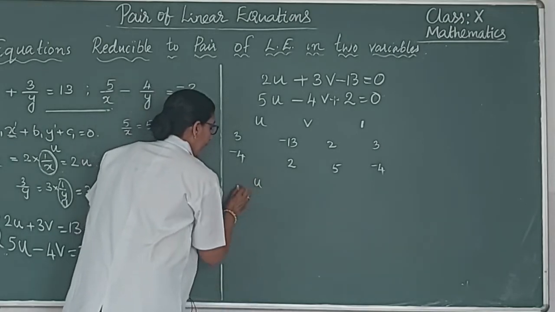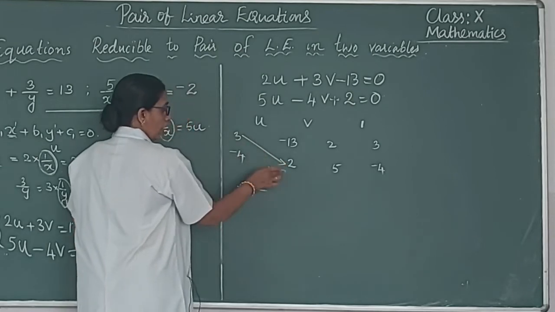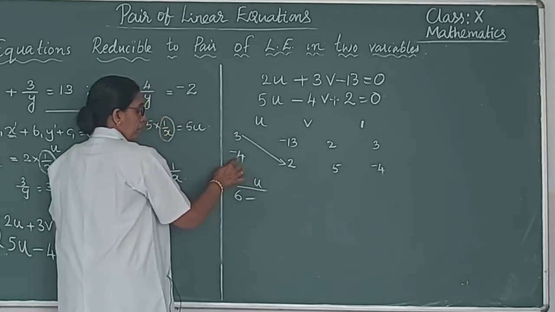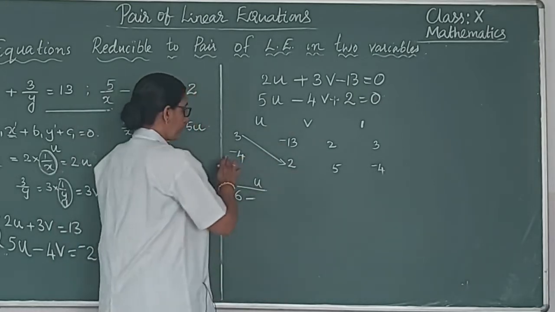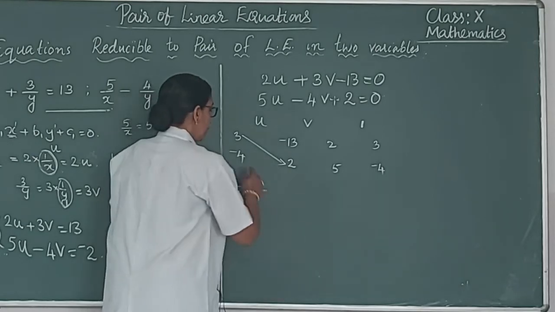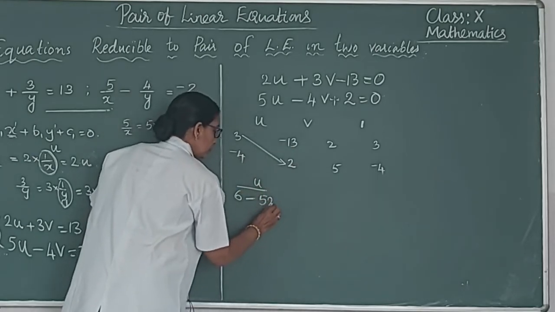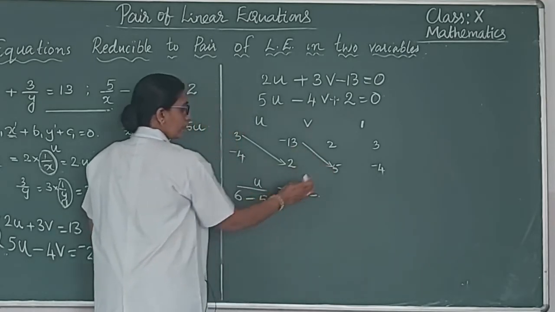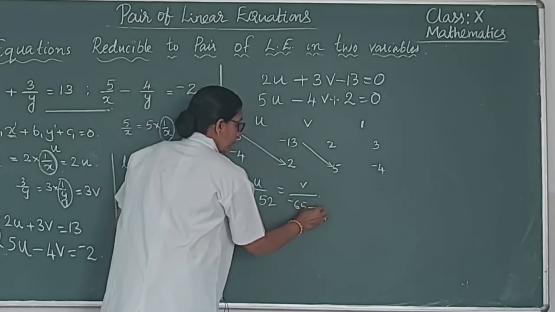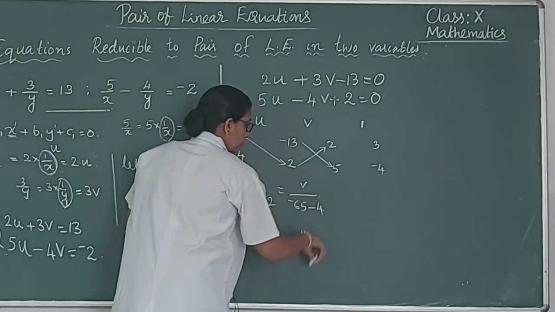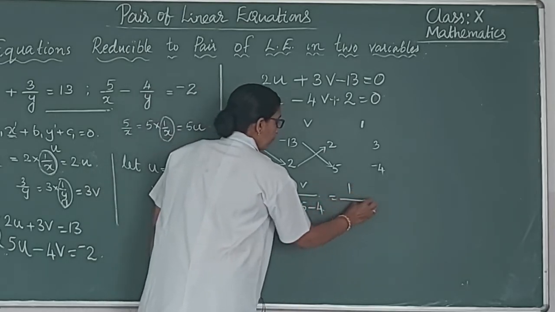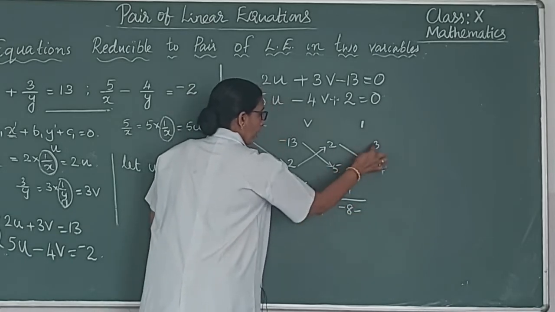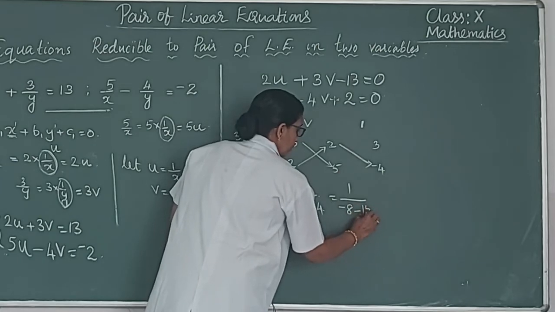So first u by, here the downward product we have to consider first: 6, then minus 4 into minus 13, negative into negative is positive, so 4 into 13, 52, equal to v by minus 13 into 5, minus 65, minus 2 into 2, 4, equal to 1 by 2 into minus 4, minus 8, minus 5 into 3, 15.